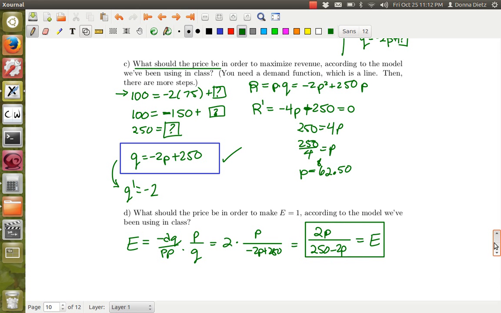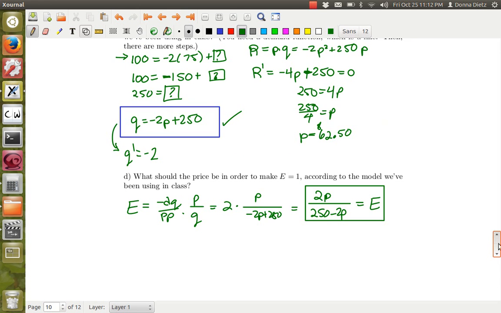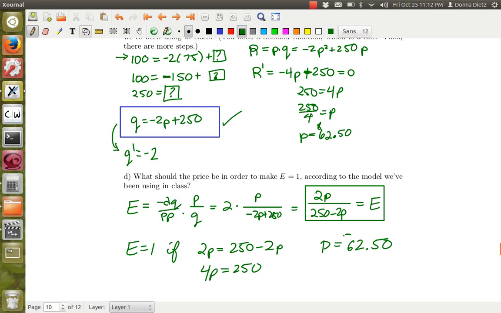And so now we want to know how to make E equal to 1. E equals 1 if 2p is 250 minus 2p, or 4p is 250. Where have we done this algebra before? P is 62.50. Okay, and we really expected that.